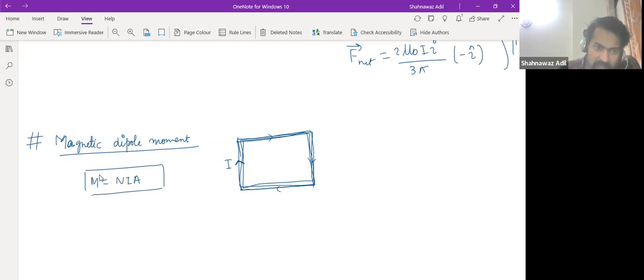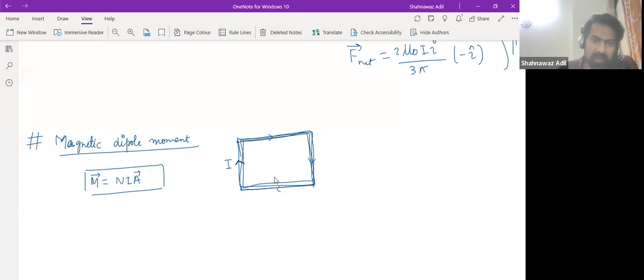The direction of this magnetic dipole moment is given by the right hand thumb rule. If we curl our fingers in the direction of the current, then the thumb gives us the direction of the magnetic dipole.